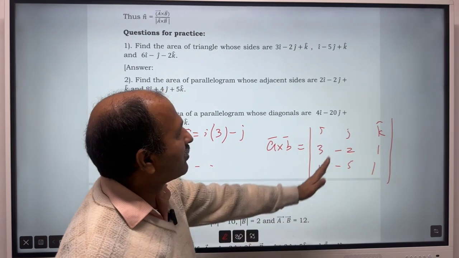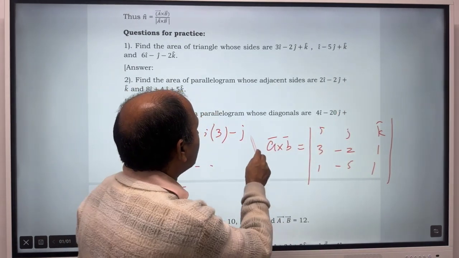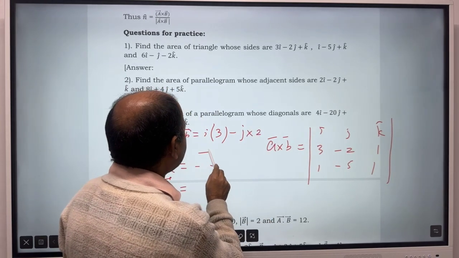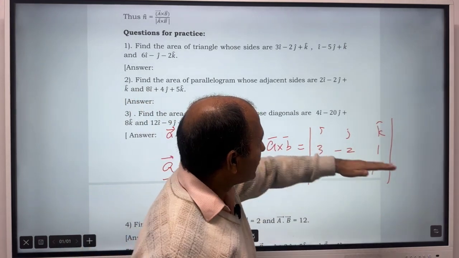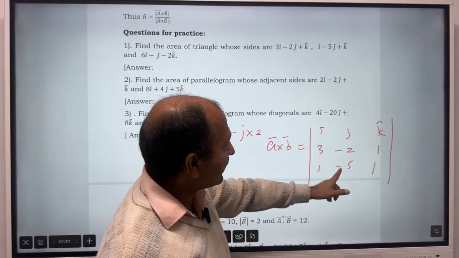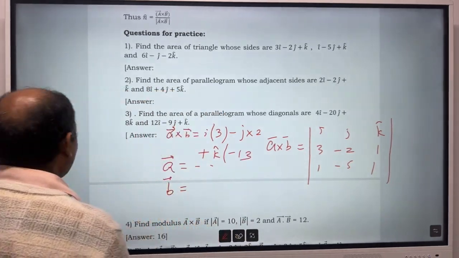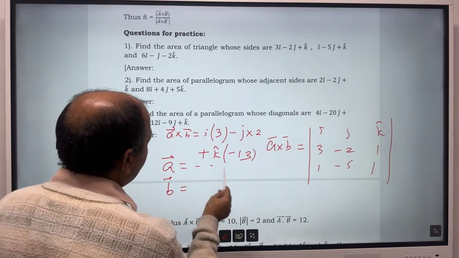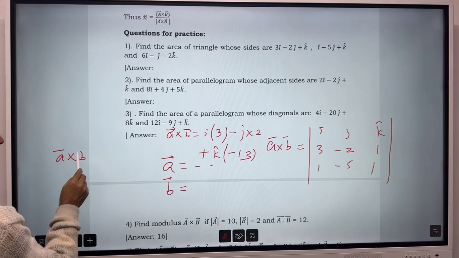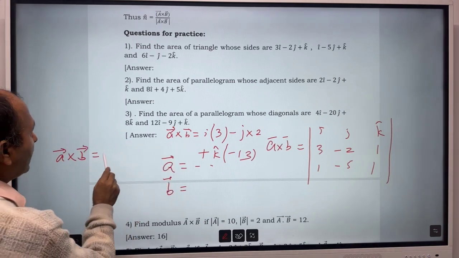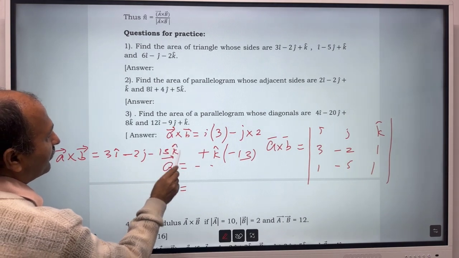Then for j, you have to take the negative sign, leave this column and this row, 3 into 1 is 3 minus 1, so you get 2. Then for k cap, leave this column and this row, so 3 into 5 is 15, minus 15 and plus 2, so minus 13. So A cross B is 3 i cap minus 2 j cap minus 13 k cap.